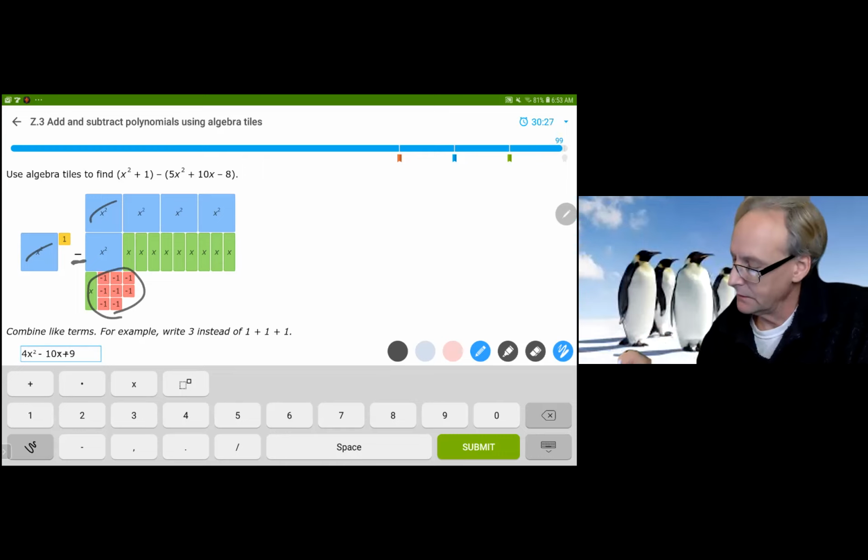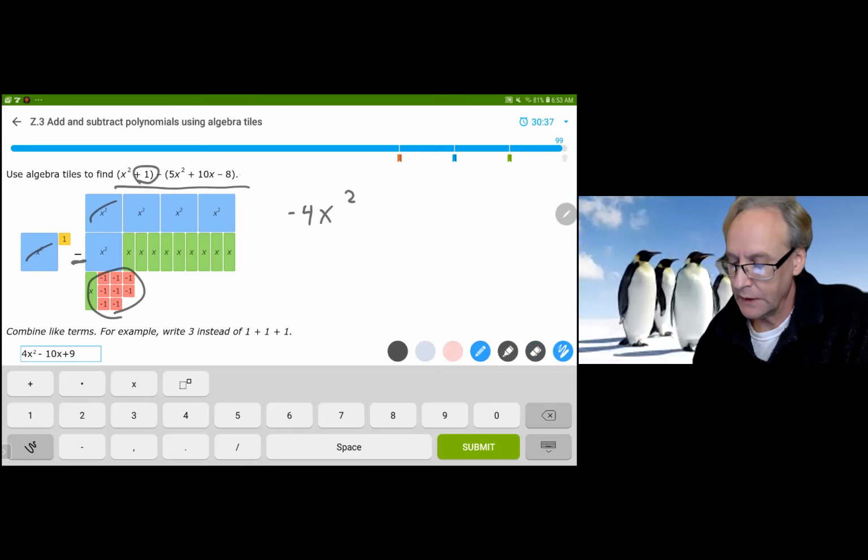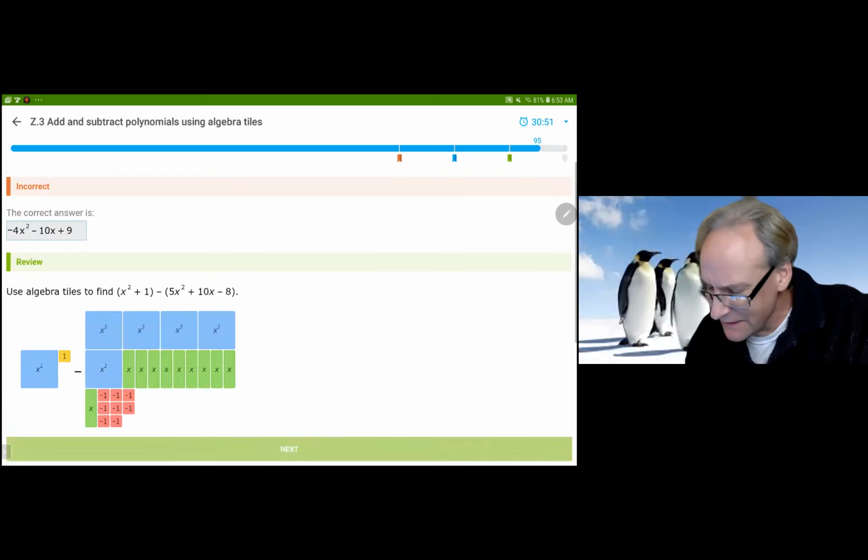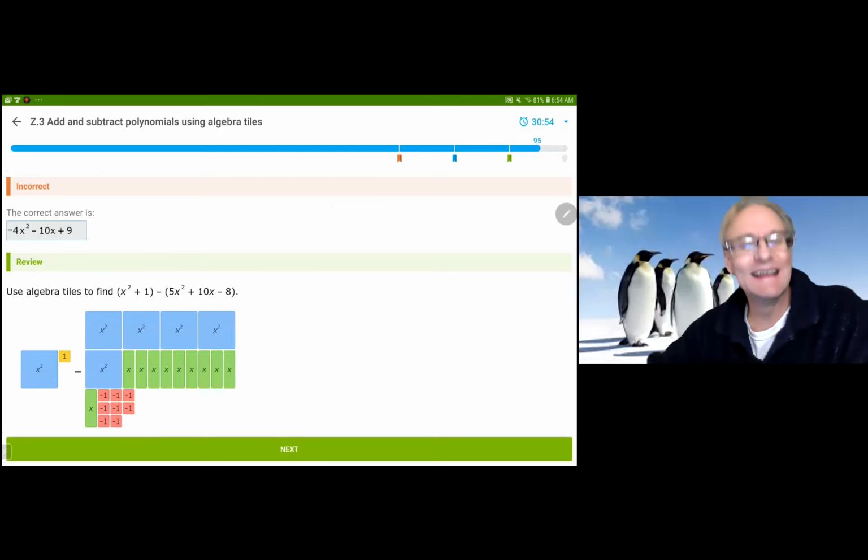And just before I submit, I'm just going to check it up here. I've got negative 4x squared, and I've got a 1 and a negative 8 has to change its sign to a positive 9, and I'm changing the sign of all my x's, which makes minus 10x, doesn't it? Yep, that's it. Okay, I'm done. Minus 10x plus 9. No, that's right.